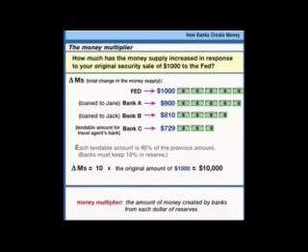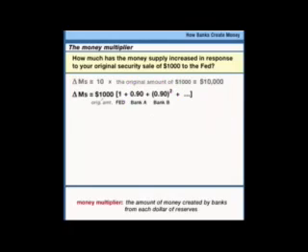The geometric sequence is, the net change in the money supply is equal to 1,000 times 1, which came from the Fed, plus 90%, which was created by Bank A, plus 90% of 90%, or 81%, which was created by Bank B, and so forth. And anytime you've got a geometric sequence like this, it has an easy, simple expression.